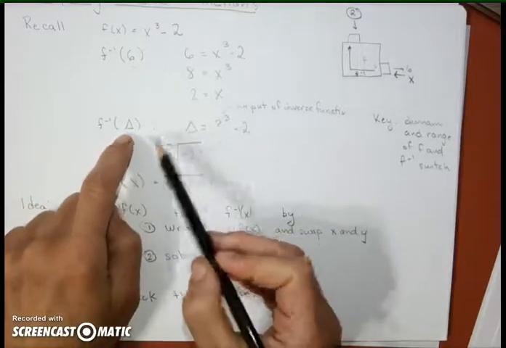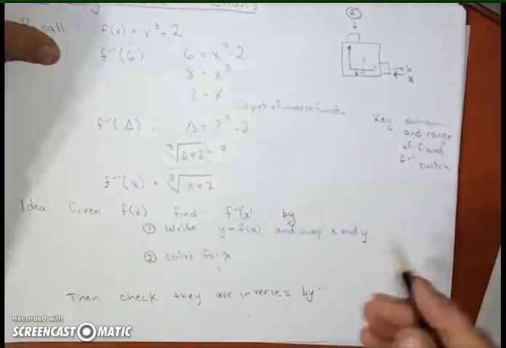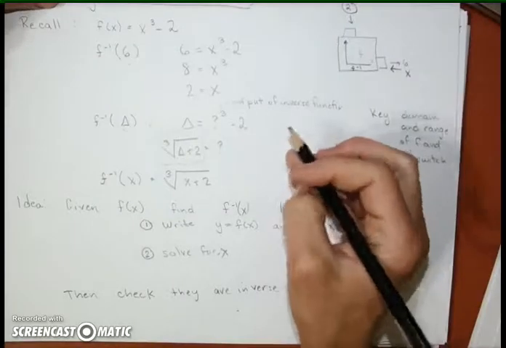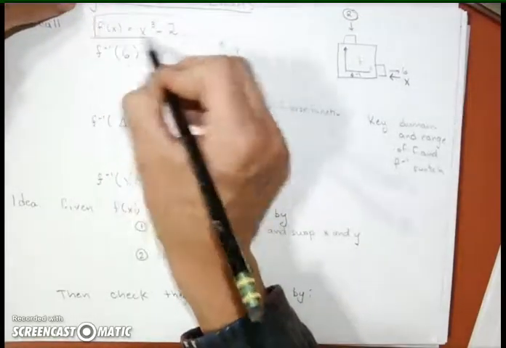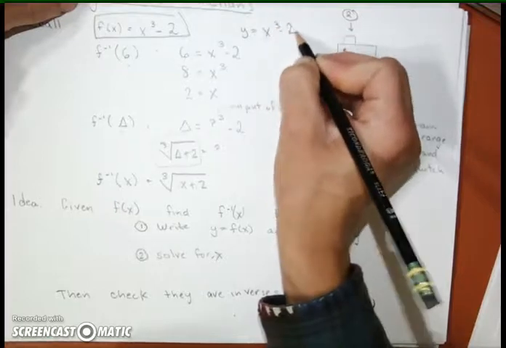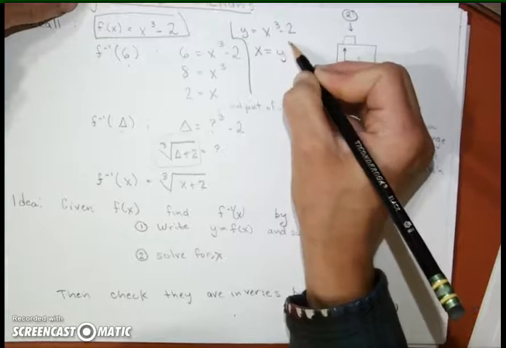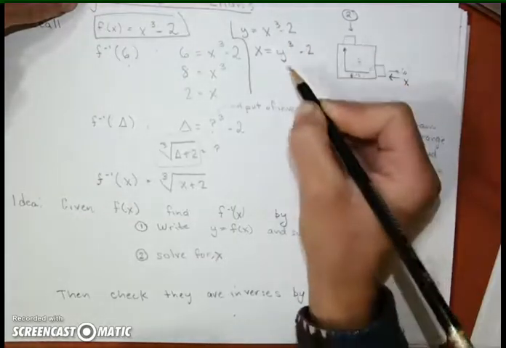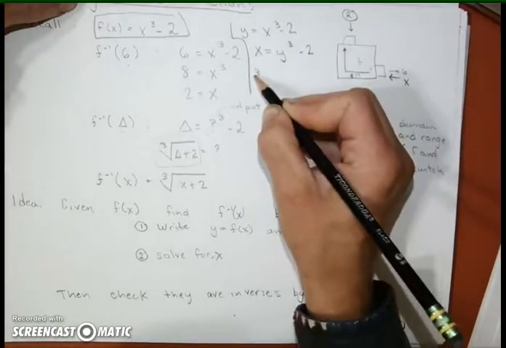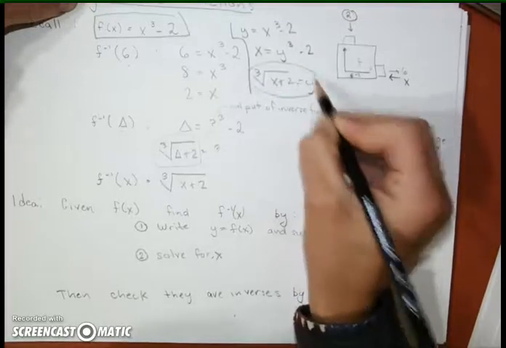So here's our function. It looks like y equals x cubed minus 2. If I switch x and y, then it's x equals y cubed minus 2. And solving for y, I end up with the cube root of x plus 2 equals y. This is the inverse function.